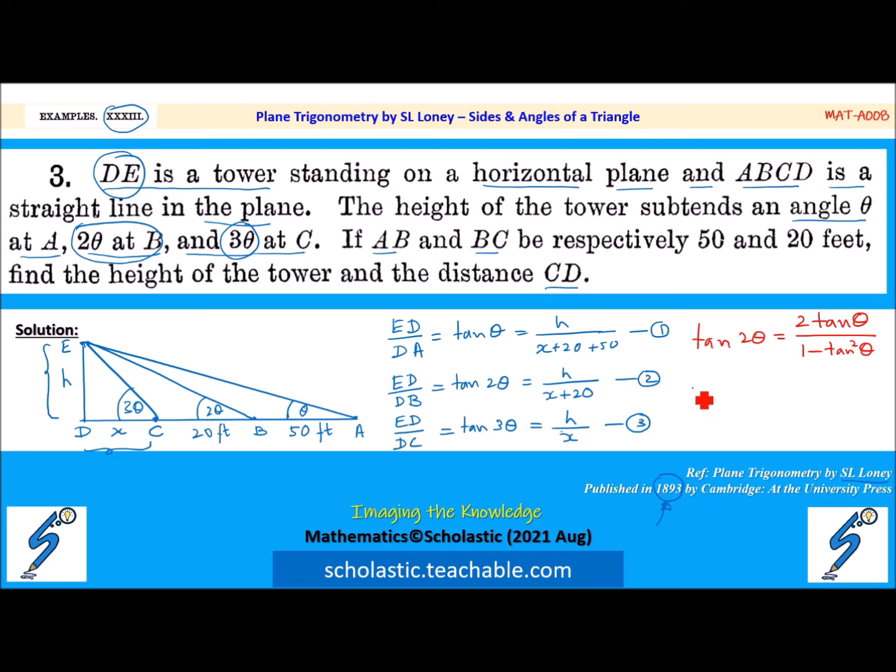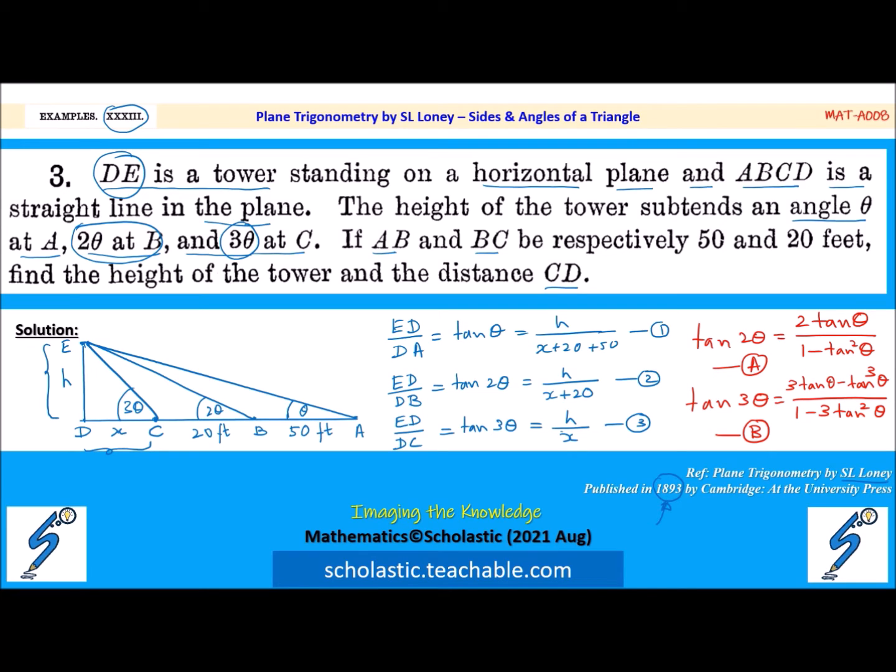Also, there is another equation for tan 3 theta, which is equal to 3 tan theta minus tan cube theta divided by 1 minus 3 tan squared theta. So let's take this one as equation A and this as equation B. So now we have 5 equations, and then we have 2 unknowns. In fact, we should be able to get rid of theta using all these equations.